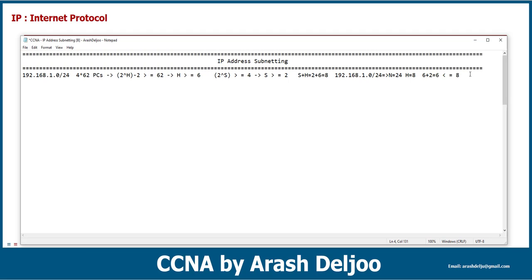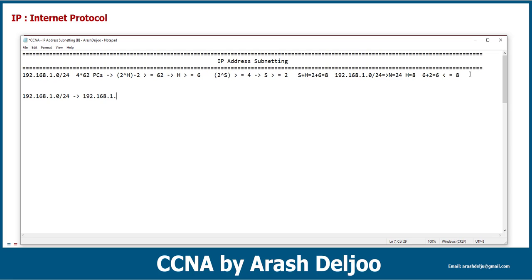But let me start with designing the 4 networks, with each network having 62 PCs or 62 IP addresses or 62 hosts. Okay, look at here. This is 192.168.10.0/24, and as you know, here we have 192.168.10.